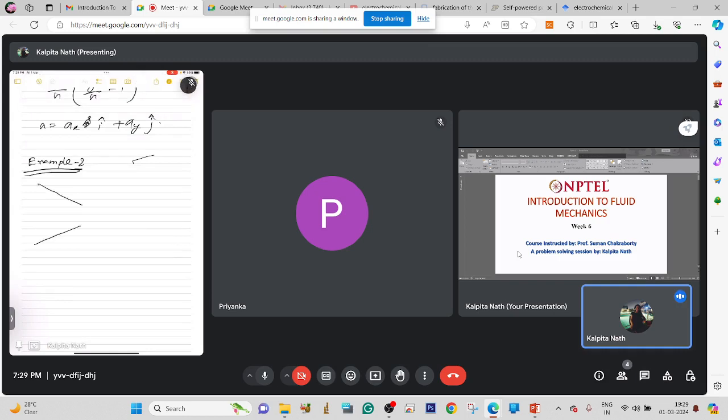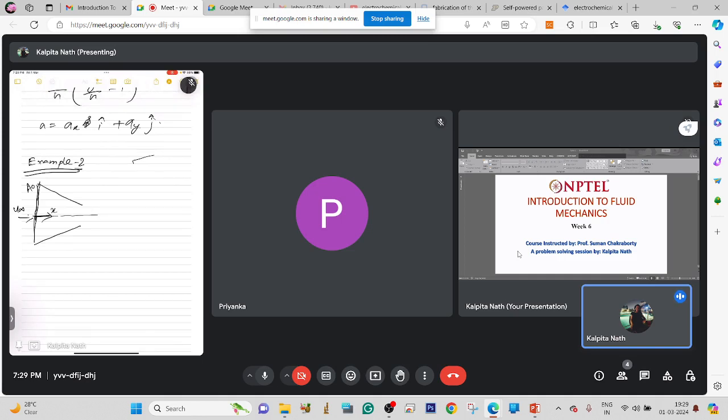There is a nozzle and here fluid is entering with velocity u infinity, and we can see that the area is changing. Here the area is a naught, and this is the central axis.